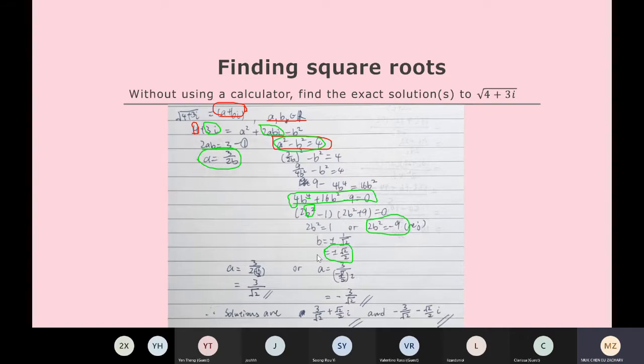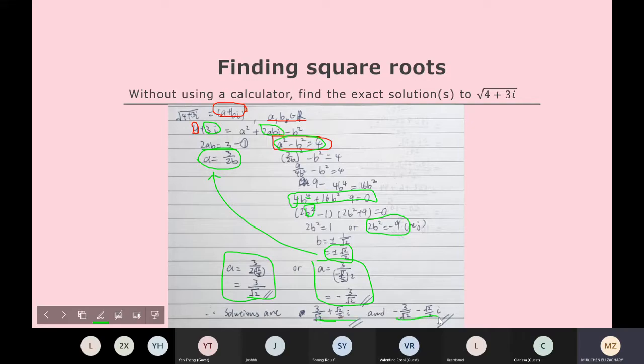After you solve for b, right, what you just do is you sub it back inside here, okay? Very simple. And then for the positive value of b, you get a positive value of a, which gives you this. And then when you sub in the negative value of b, it will give you the negative value of a. Okay, so the solutions are as follows over here. Okay, very simple.